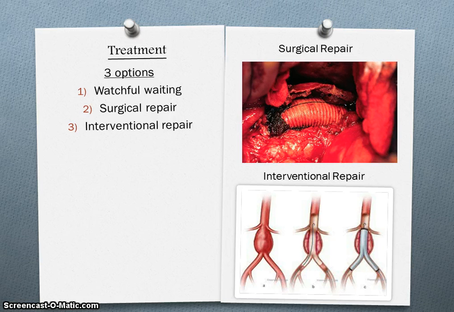Treatment options. There are 3 treatment options that I found. The first one is what they call watchful waiting. This is when an AAA is 5 centimeters, or about 2 inches, in diameter or less, and these have a low risk of rupture, even though they do find some that do rupture.